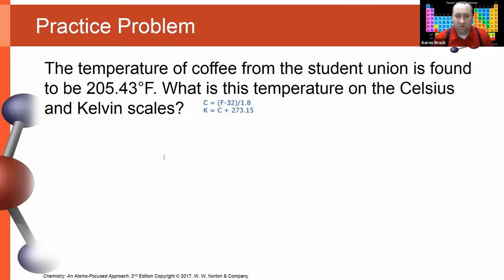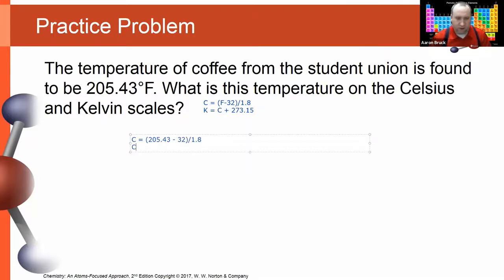So for Celsius, Celsius is equal to Fahrenheit, 205.43 minus 32, divided by 1.8.